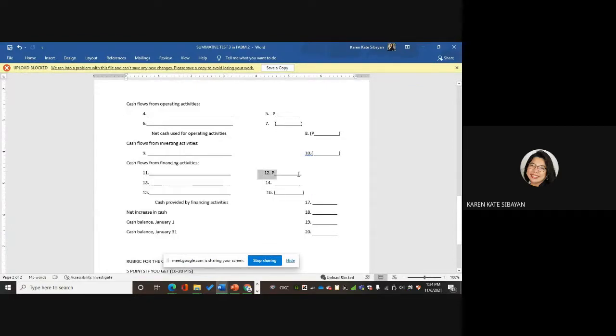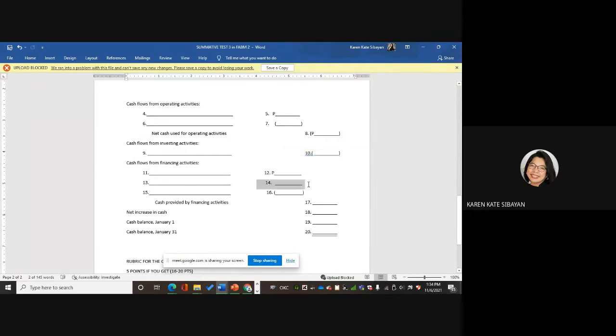2 doon is positive. Ibig sabihin, nakatanggap ka or nag-increase. Dito naman, nabawasan. Positive in the sense na, under capital. Kapag nag-invest ka sa owner, ibig sabihin nagdagdag yung cash mo.